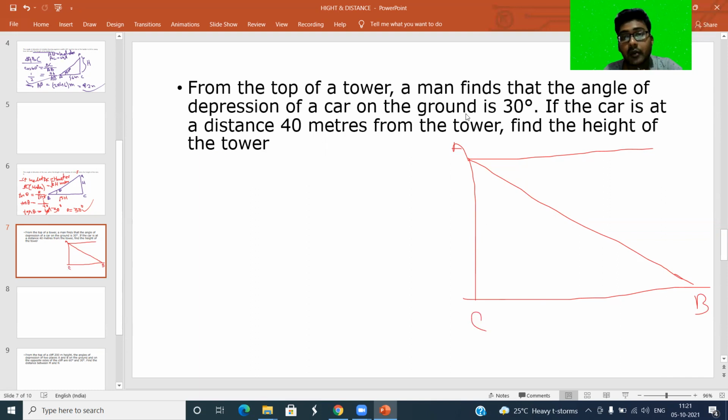From the top of the tower, a man finds the angle of depression of a car. Let B be the car, and the angle of depression on the ground is 30 degrees. If it is 30 degrees, then its value is the same here as well.